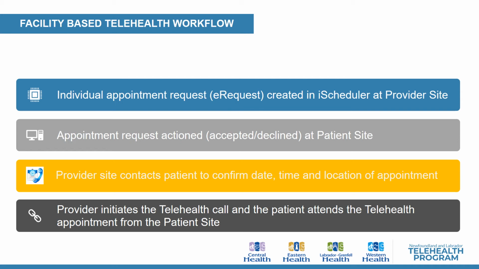Once the iScheduler user at the provider site receives the appointment acceptance email notification, the patient should then be notified of the appointment details. It is the responsibility of the iScheduler user at the provider site to notify the patient of the appointment details.